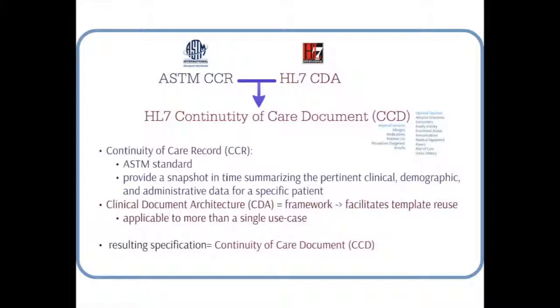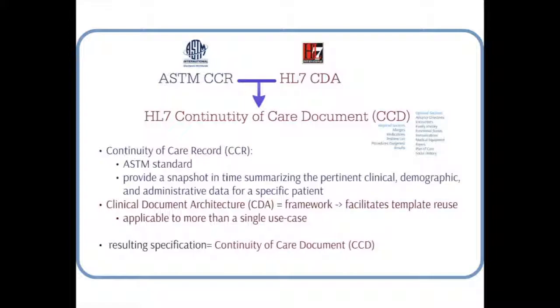So the CDA with which people are likely most familiar is the continuity of care document. What the continuity of care document is: the ASTM, which is another standards organization, had developed a continuity of care record.